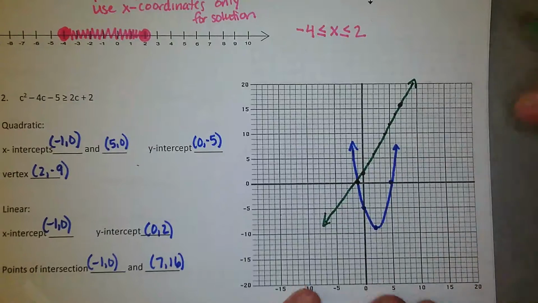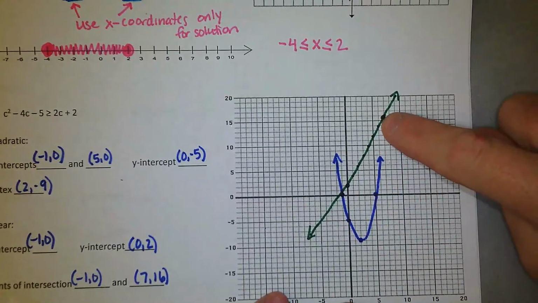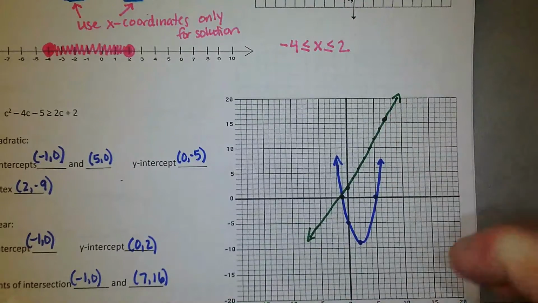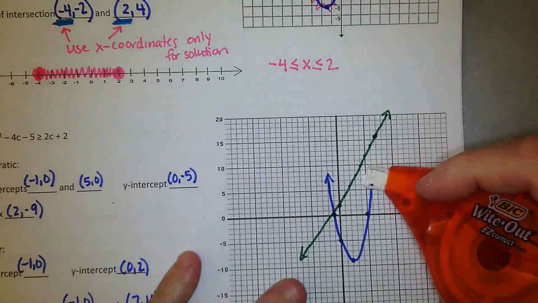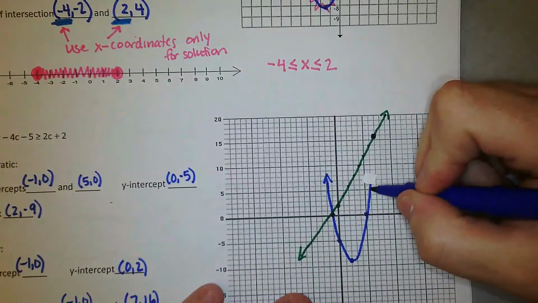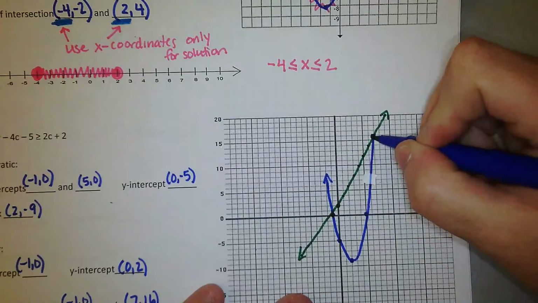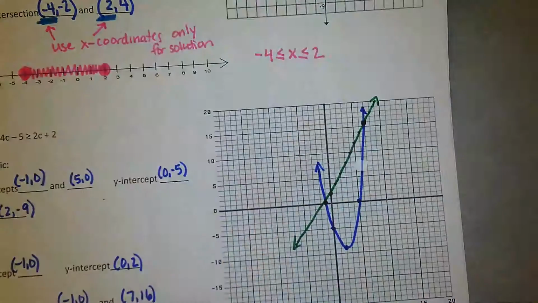Now, why does my quadratic need fixing? Well, I didn't extend it far enough because it intersects way up here. So I am going to do a little bit of magic right there. I know it has to intersect there. That was silly of me because I saw the intersection, right? On the Desmos, it goes all the way up there.